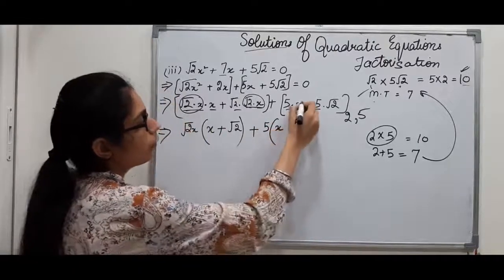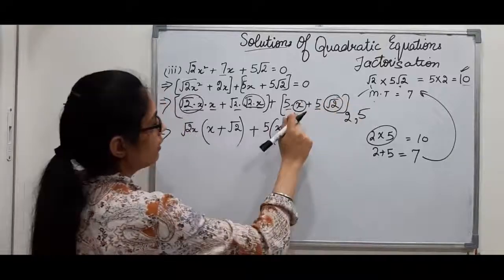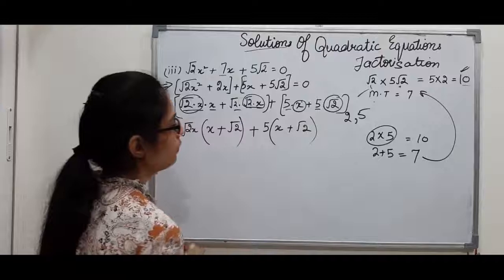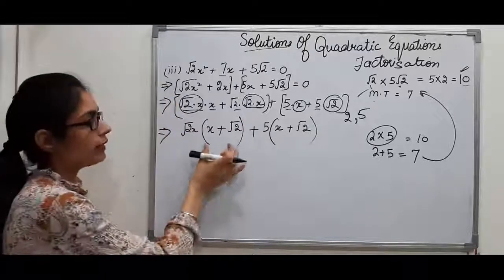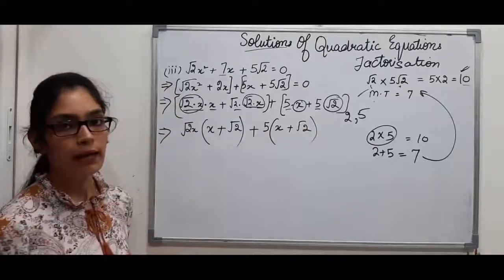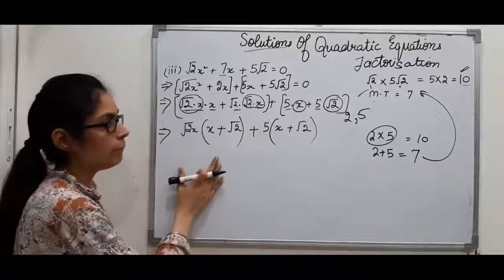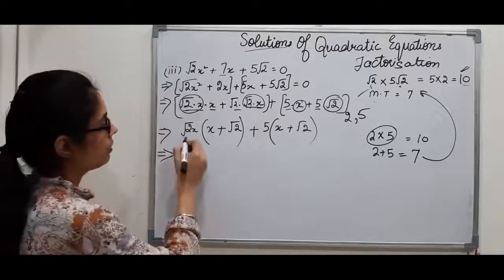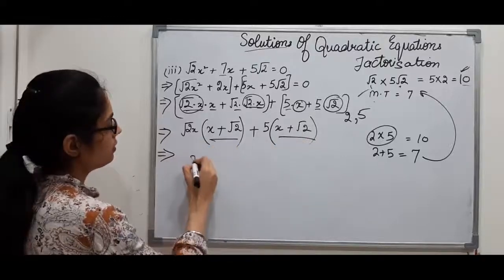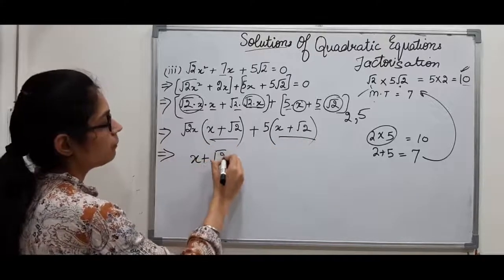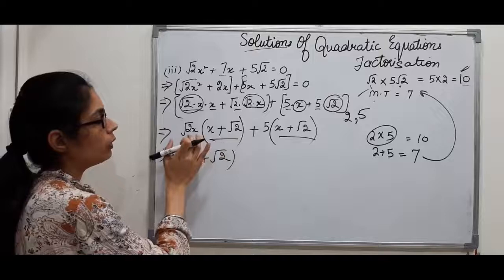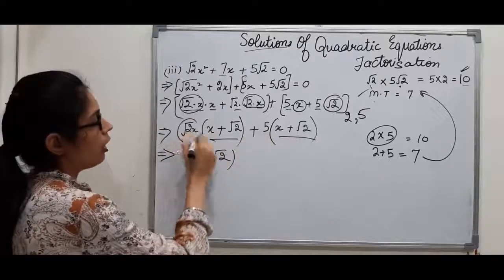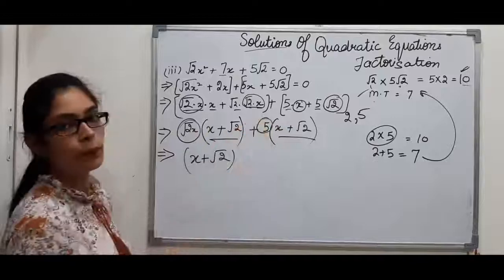Inside I will write the remaining terms, which are x and root 2: x plus root 2. And from here, if we get these two brackets same, I told you we are doing the sum in the correct way. So first I will write this x plus root 2, because this bracket is common now in both the terms. So I will take this bracket out, and now I will write the remaining terms.